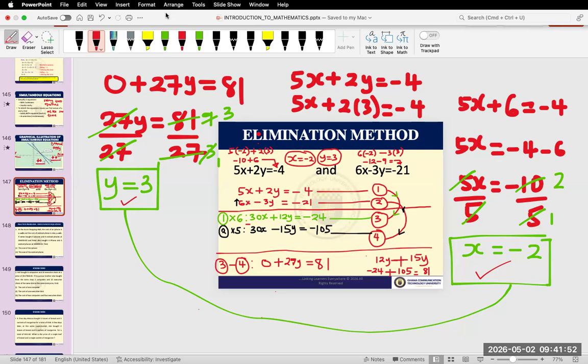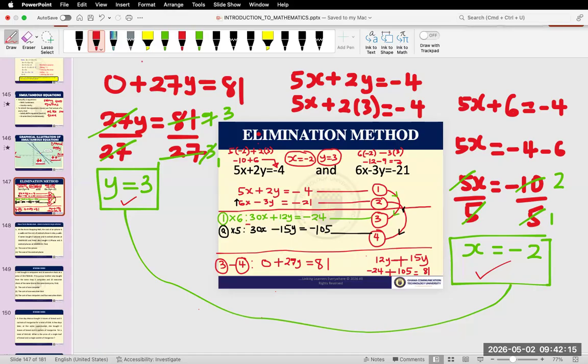Okay, so in the two equations, we multiply 5 and 6 to eliminate x. So does it mean that we can do the same with y by multiplying equation 1 and 2 with the coefficient of y to get the same answer?